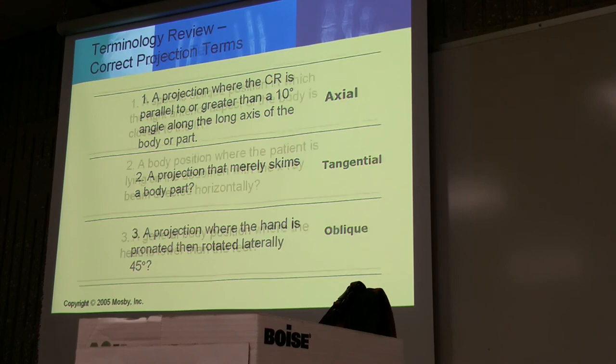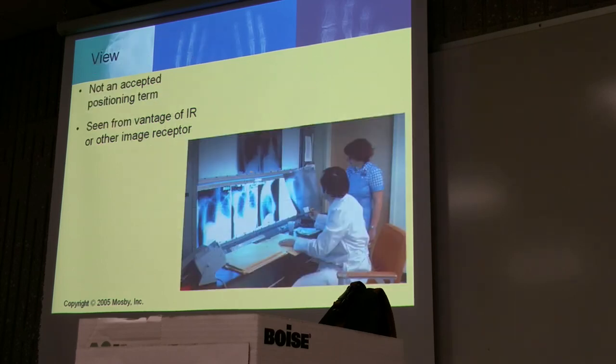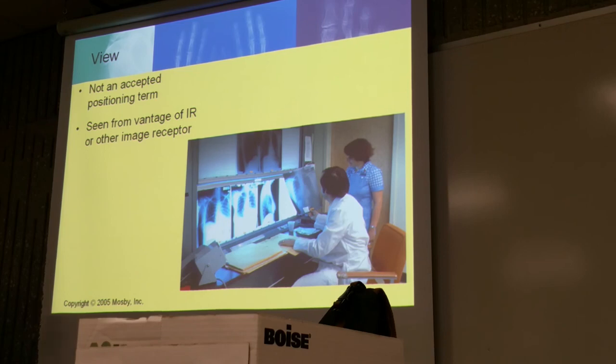All right, guys. Sorry, I'm going to fly through this, but we'll go through this again as we go through the course. View, we're going to talk about. View is the perspective of the image.